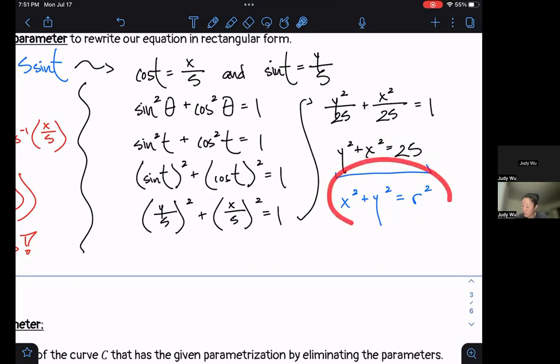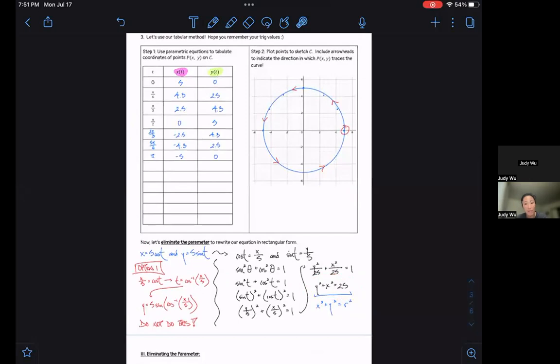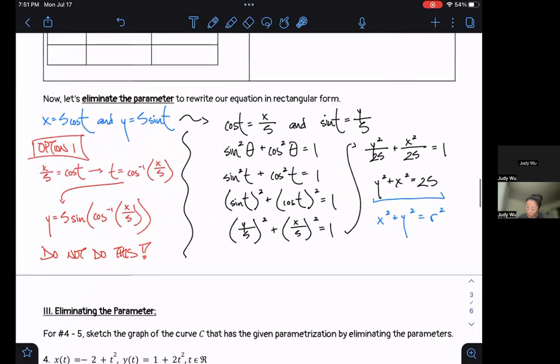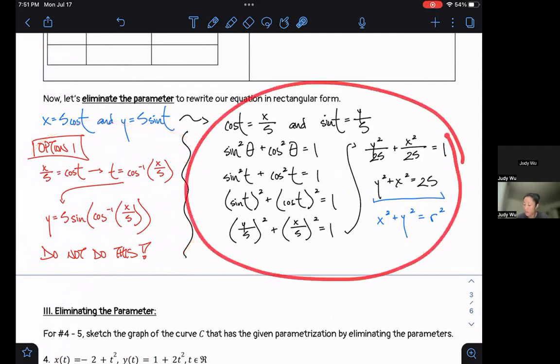That means we have a circle with radius 5, which is exactly what we had when we did the graph, right? So don't do this because who knows what that looks like. Do this because it gets us really close to one of the forms of the equations that are nice to know, like a circle.